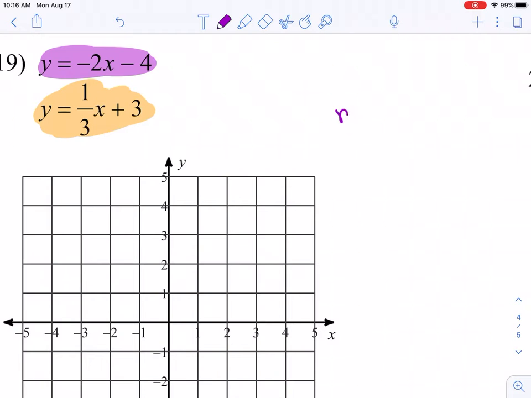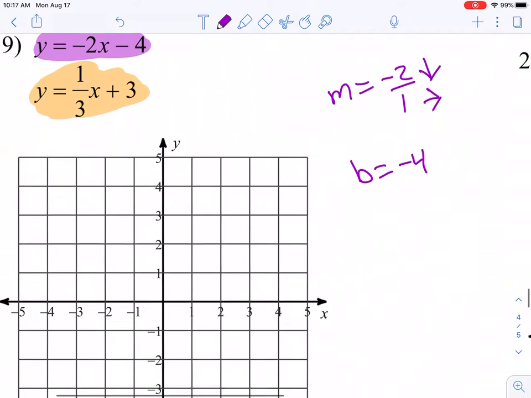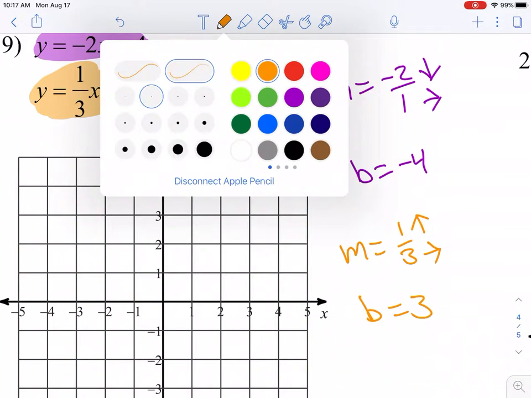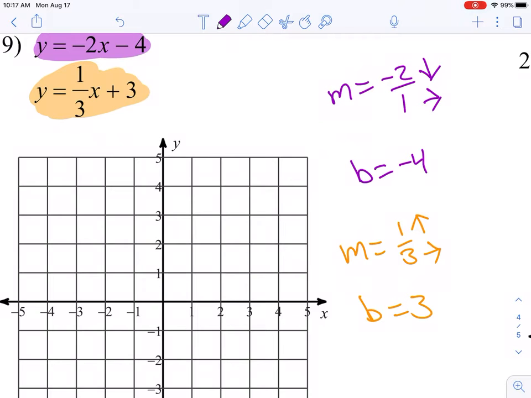M equals, which means it's going to be down and right. In orange, which is going to be up and right. So I can do my purple and then my orange. So I'm going to graph purple.